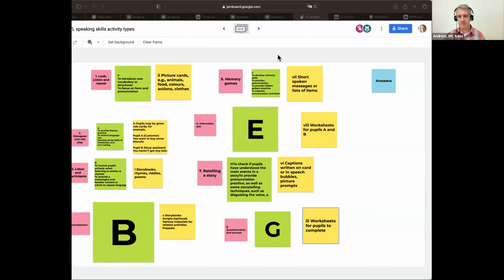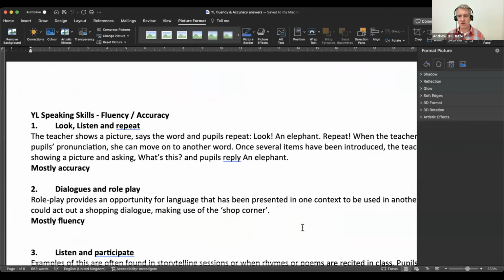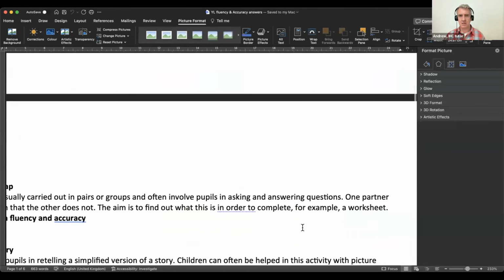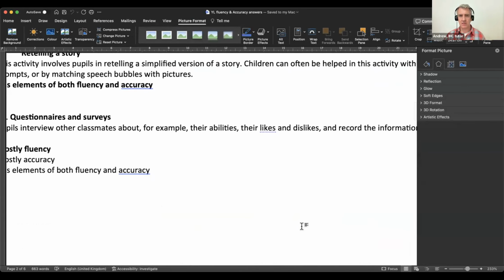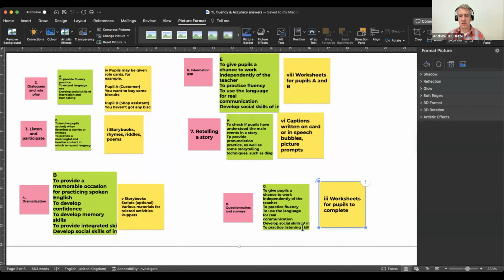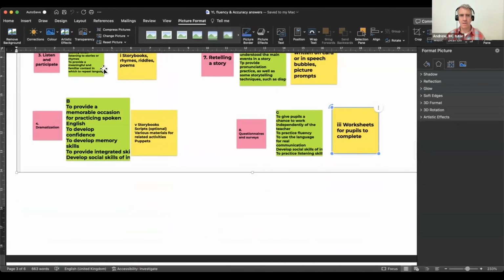So prepare the answers. It's on this Young Learner Fluency and Accuracy Answers. Okay, so you can refer to it later.